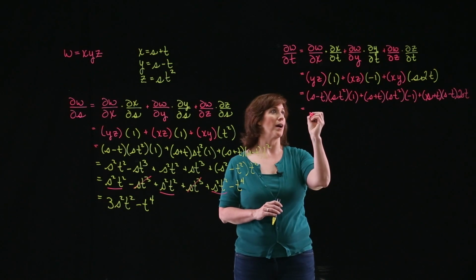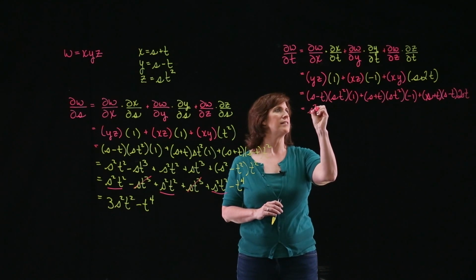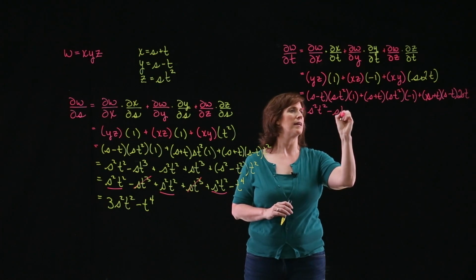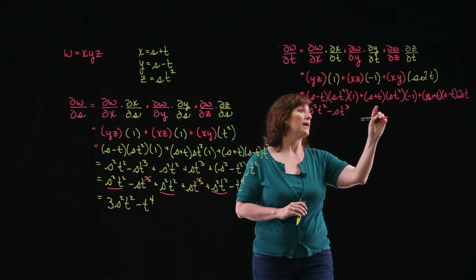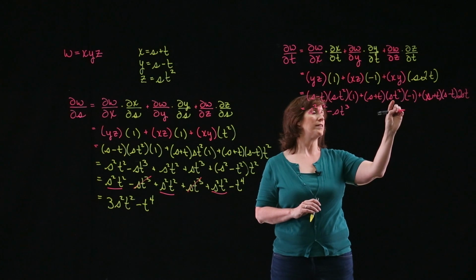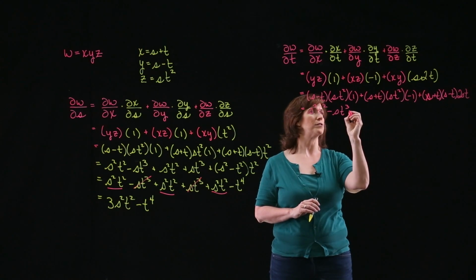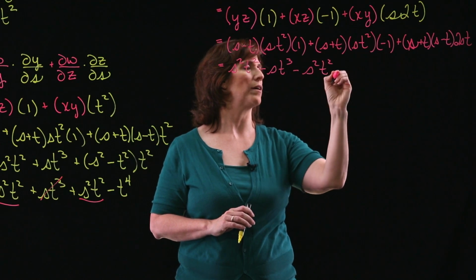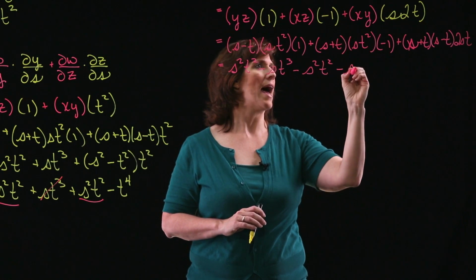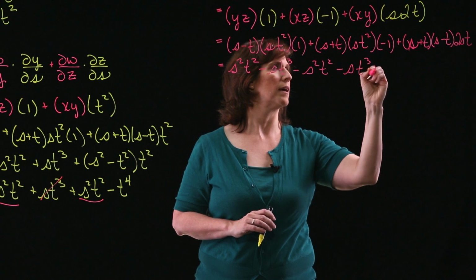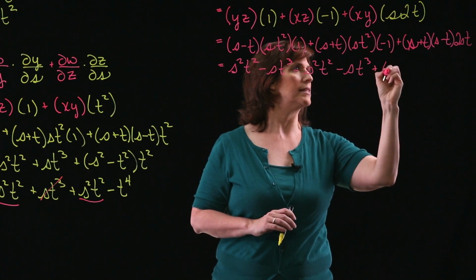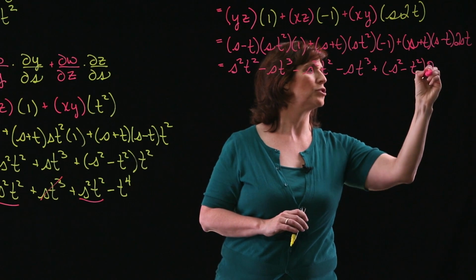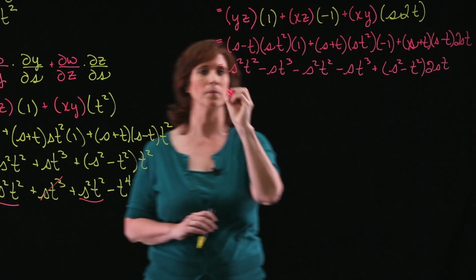Okay, doing some algebra, I have s squared t squared minus s t cubed. Here, I'm going to distribute the -1 as well as the st squared, so that'll be a minus s squared t squared and a minus st cubed. This next piece is going to be s squared minus t squared times 2st.